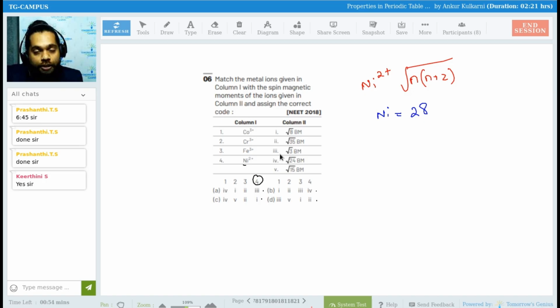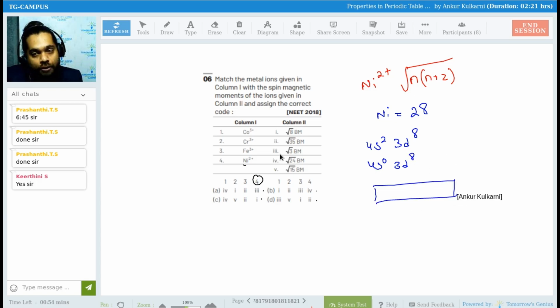If I write down the valence electronic configuration, it is 4s2 3d8. Now again plus 2, so 4s0 3d8. So 8 electrons, how will I put the 8 electrons? 1, 2, 3, 4, 5, 6, 7, 8.